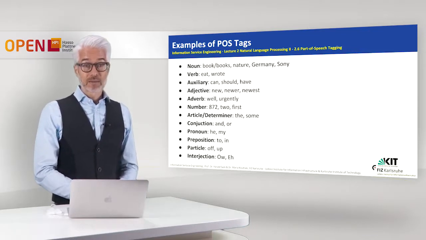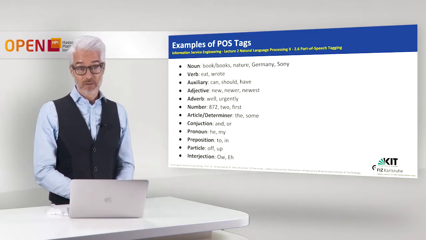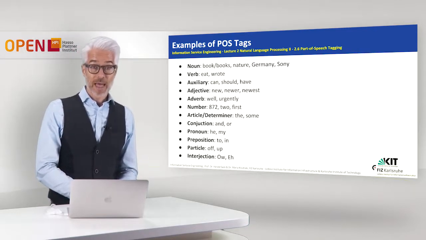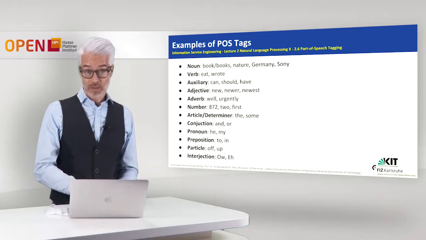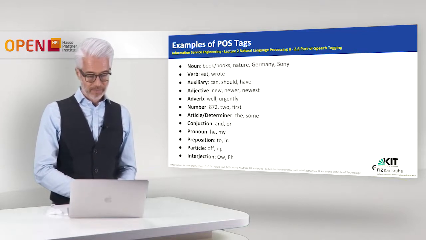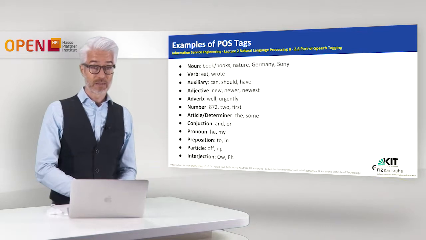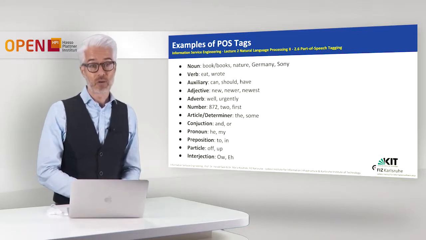We have articles or determiners like the or some. We have conjunctions: and, or, as, and so on. We have pronouns, we had them just now: me, my. We have prepositions: to, in. We have particles like of and up, and we have interjections like au or i.